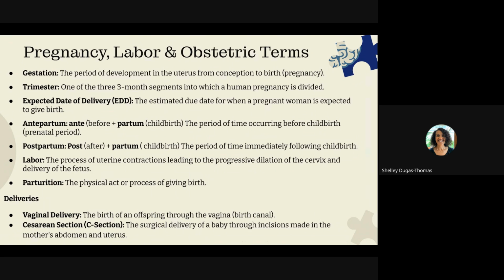The gravida and para system. Gravida counts every single pregnancy, regardless of outcome. Primigravida or gravida one means first pregnancy, and para counts only the number of pregnancies that reached viability. Nullipara, nulli meaning none, means a woman has never given birth to a viable fetus. Unipara equals once.